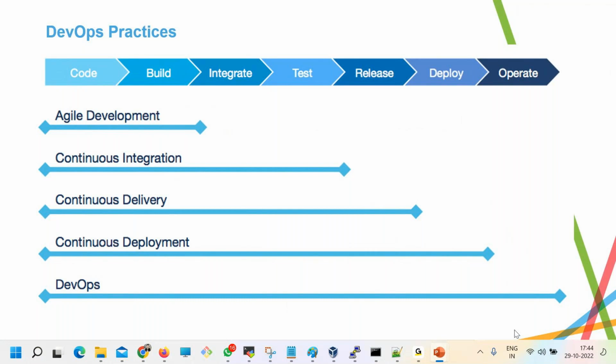Release means the product which is ready for the production. So if you implement the automated release, that means you reach continuous delivery, and then you have to focus on continuous deployment. Continuous deployment means directly to the production.